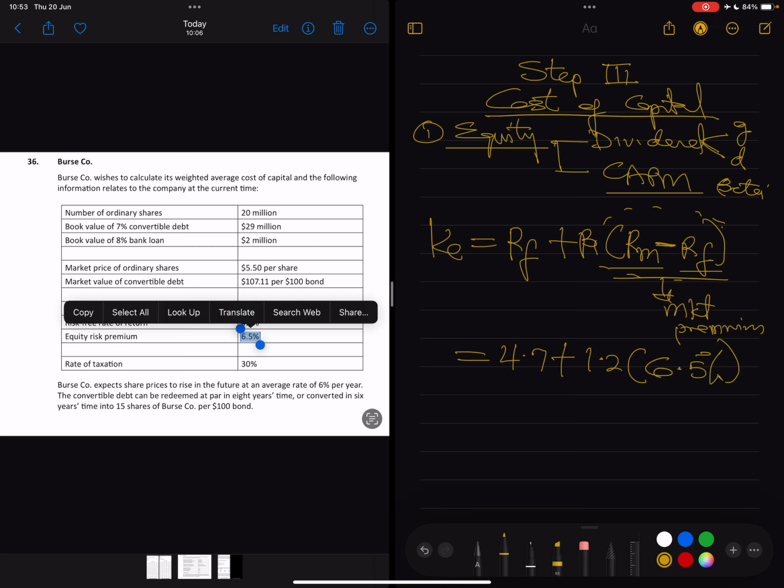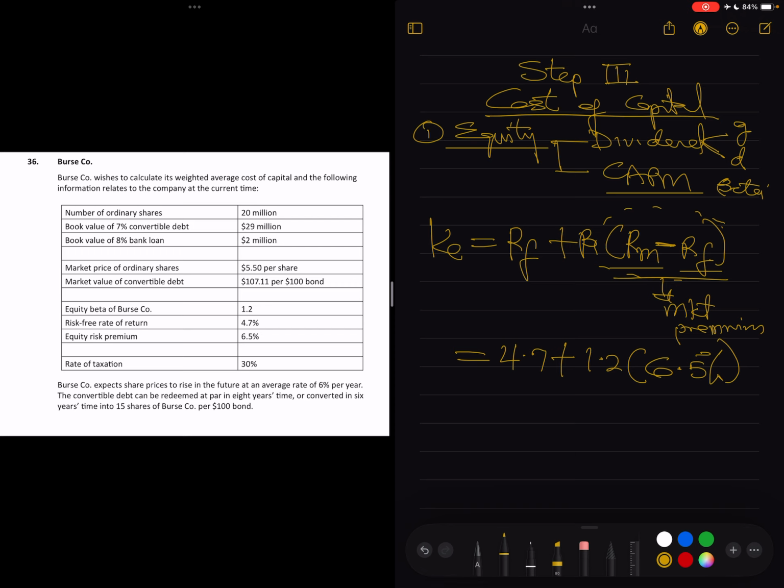Knowing this, if I ask you what is the market return, which is a typical question you can get in a multiple choice, the market return has to be 6.5 plus 4.7. So the market gives 11.2. If the market gives 11.2 and the risk-free investment gives 4.7, it means you have a premium of 6.5, an excess return because you have decided to take more risk.